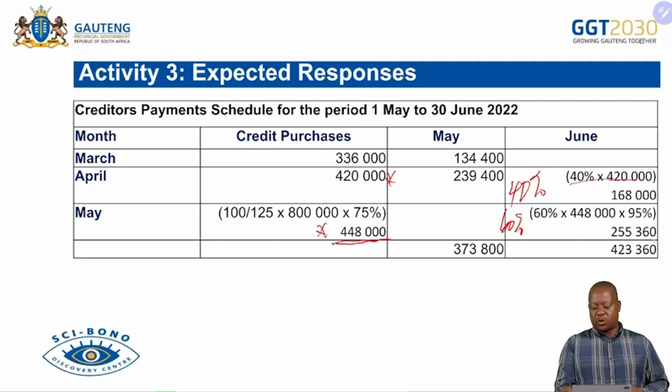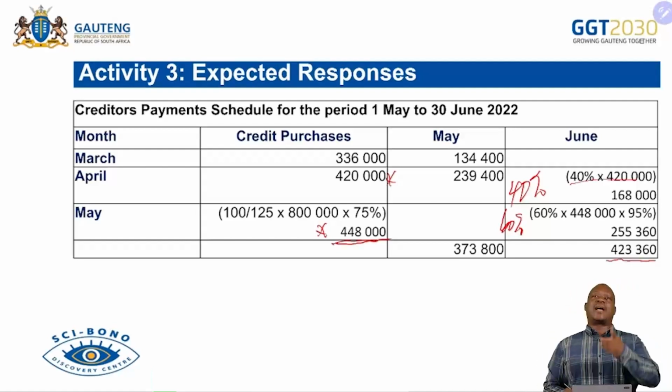It adds up to 423,360. This is the total figure that goes to our cash budget as payments to our creditors.